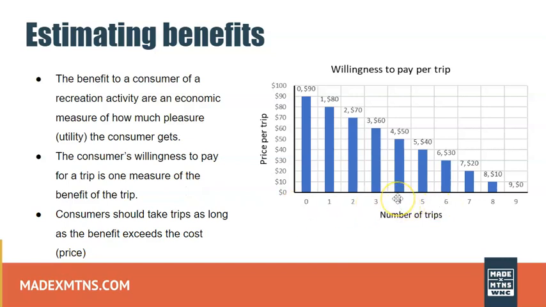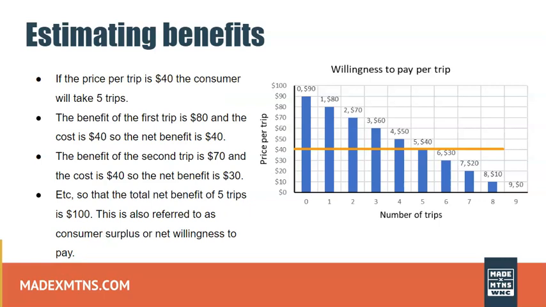So if you notice, if we add it up, let's look at this picture. The net willingness to pay from this graph will come up with a different answer than $125. Net willingness to pay is 40 plus 30 plus 20 plus 10. So that would be equal to $100 total.